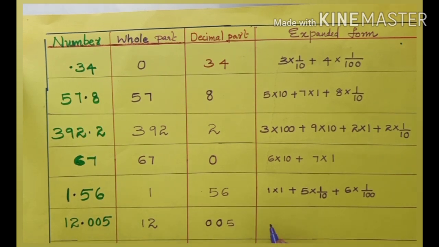So the whole number part we can expand: 12 is 2 ones and 1 tens.